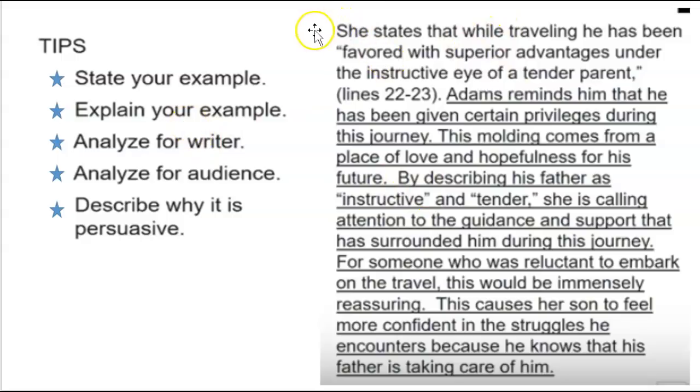And so again, this is very strong. It not only analyzes why she's using this language, it ties it back to the rhetorical situation. So it's thinking about what example she is using, and then why she is using it, as it pertains to writer, audience, and why it's persuasive.